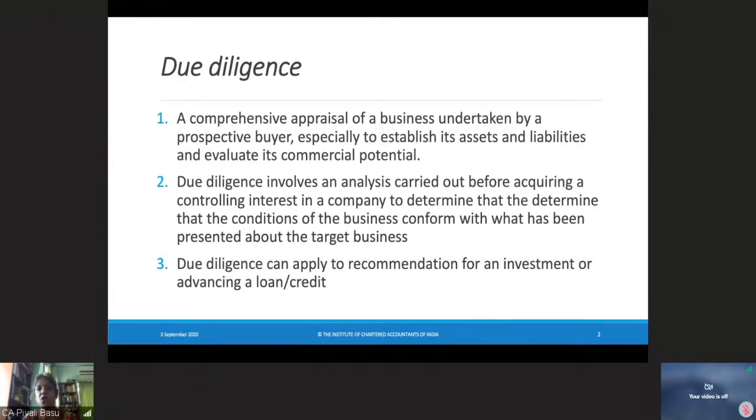But that is not all. One has to see the truth behind that presentation to ensure that the investor's expectations will be met should they make such an investment. That's the reason for a due diligence, and it can apply to a recommendation for an investment, advancing a loan or credit, as I told you.